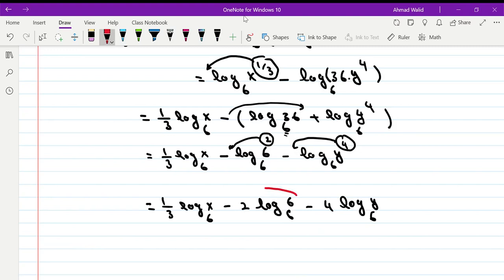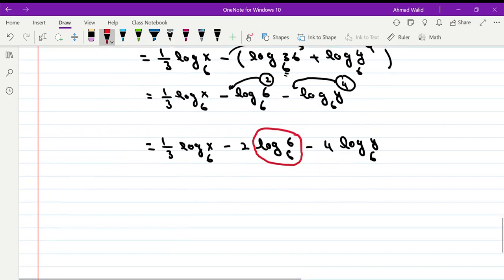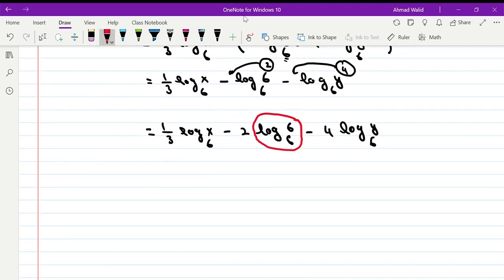I'm a good student. I can see all the rules. Log of 6 base 6 is always 1. Then my final answer will be 1/3 log of x base 6 minus 2 minus 4 log of y base 6.